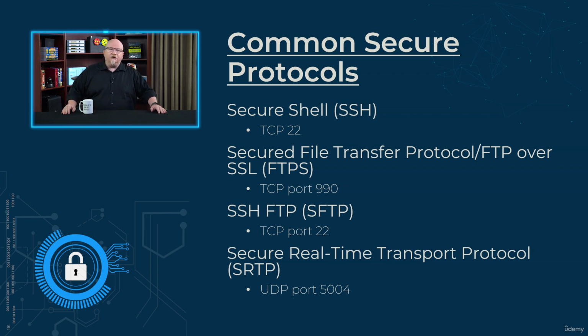The two that I want you to know about, first of all, is FTP Secure, or FTP over SSL. This basically just runs through an SSL tunnel and it runs on TCP port 990. The alternative is to run SFTP, and that's SSH FTP. It's kind of the same thing as FTPS, but instead of running through SSL, it runs through SSH, and as we know, that is TCP port 22.